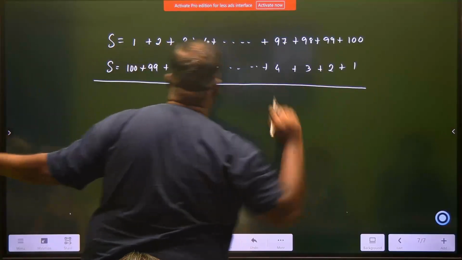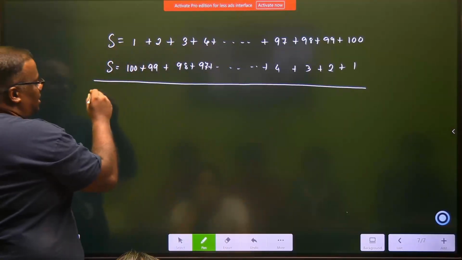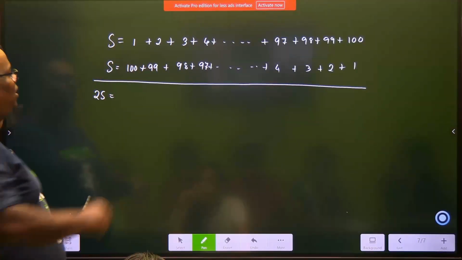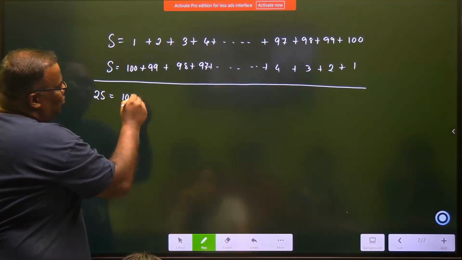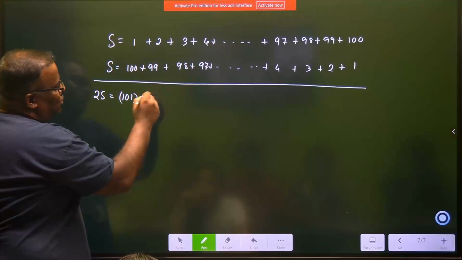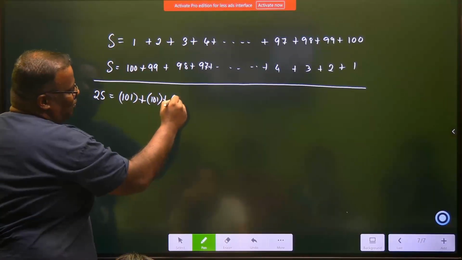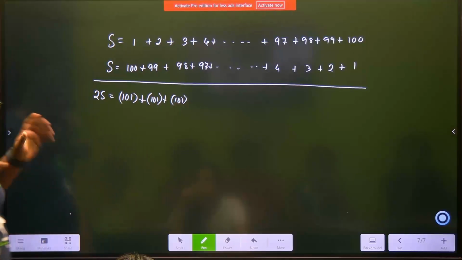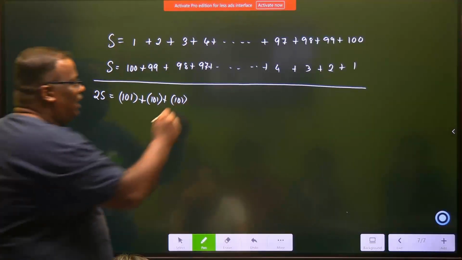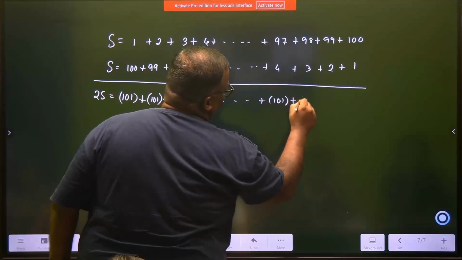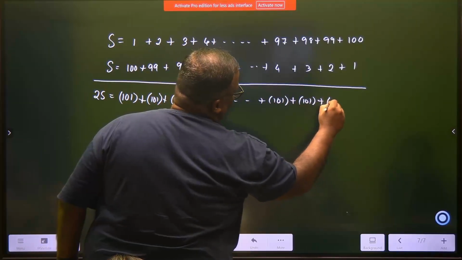And then he drew a line. He added S and S. Gives you how much? 2S. You add 101. How much does it give you? 101. You add 99 and 2. How much does it give you? 101. You add this. How much does it give you? 101. I think by now you have understood the logic that everything here is a 101 plus a 101 plus a 101.